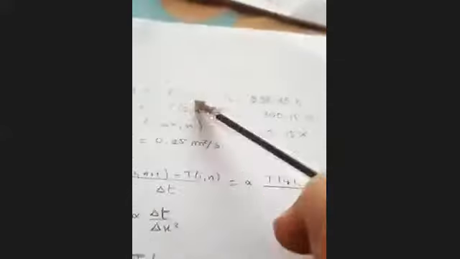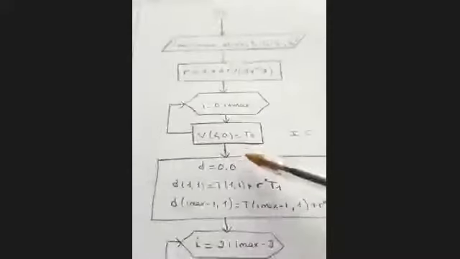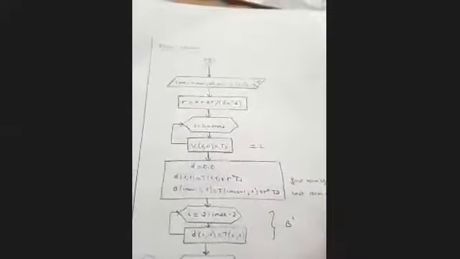This is the initial condition: Ti0 is equal to 0. Then for time 0, I define a vector vi0 equal to 0. Then I determine the vector b. What does this vector b have?